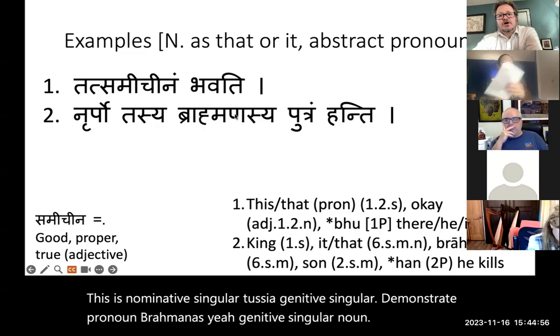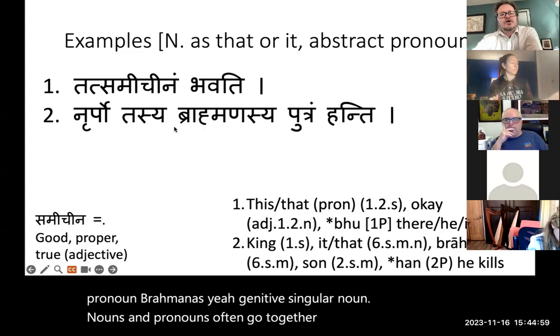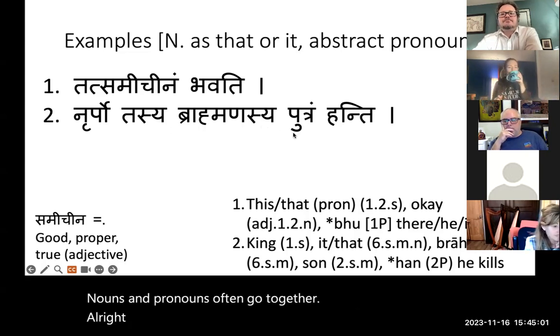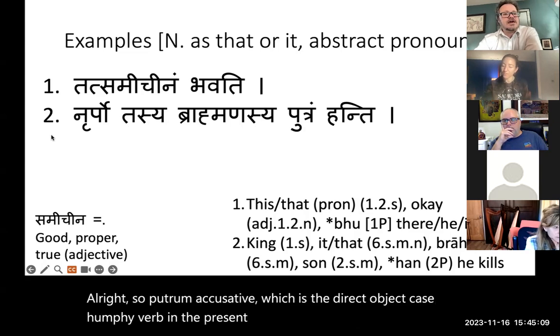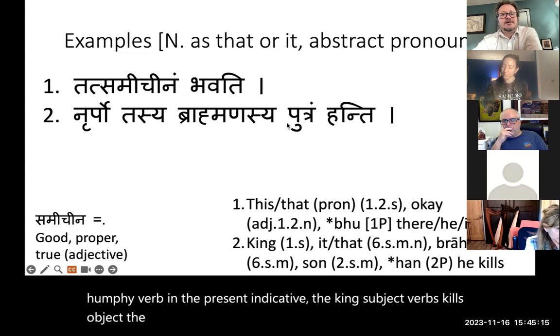Nouns and pronouns often go together. All right. So putram, accusative, which is the direct object case. Hunti, verb in the present indicative. The king, subject. Verb, kills. Object, the putra, the son. Brahmanasya, tasya, of that Brahmin.